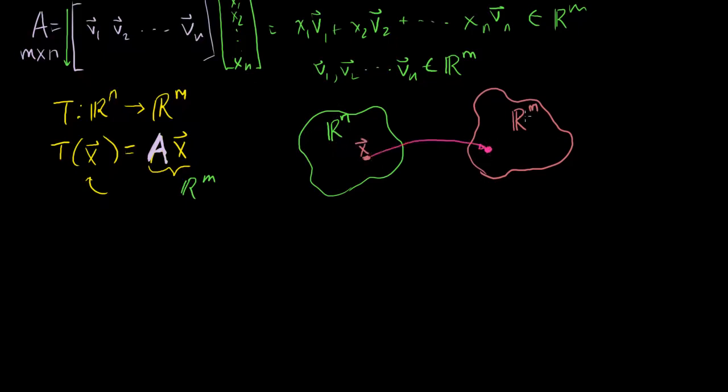And this guy will be a member of Rm, and we could call him Ax. Or if we said Ax equals b, we could call him the vector b, whatever. But this is our transformation mapping. So this does fit our definition, or our terminology, for a function or a transformation as a mapping from one set to another.